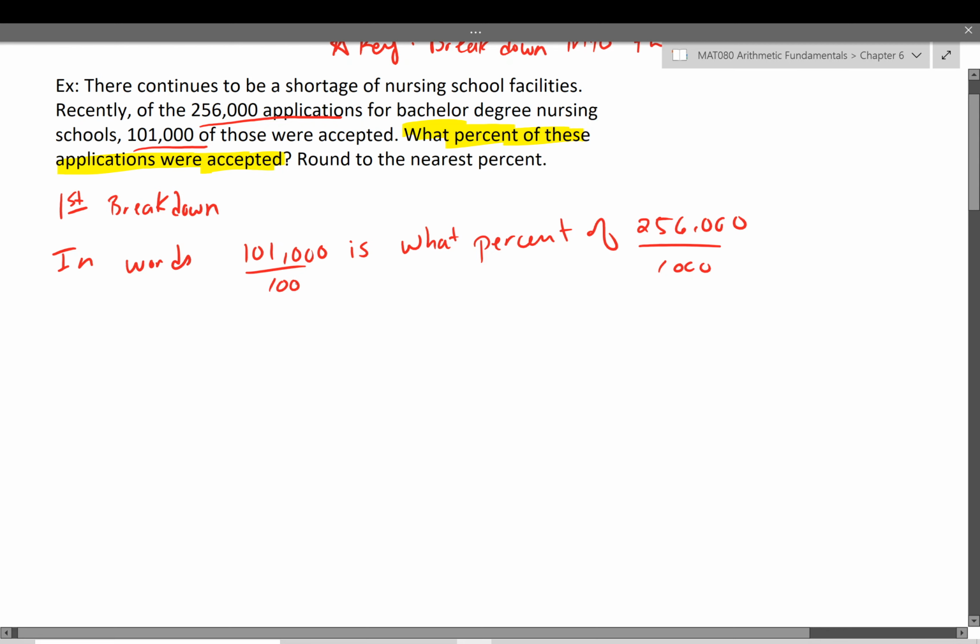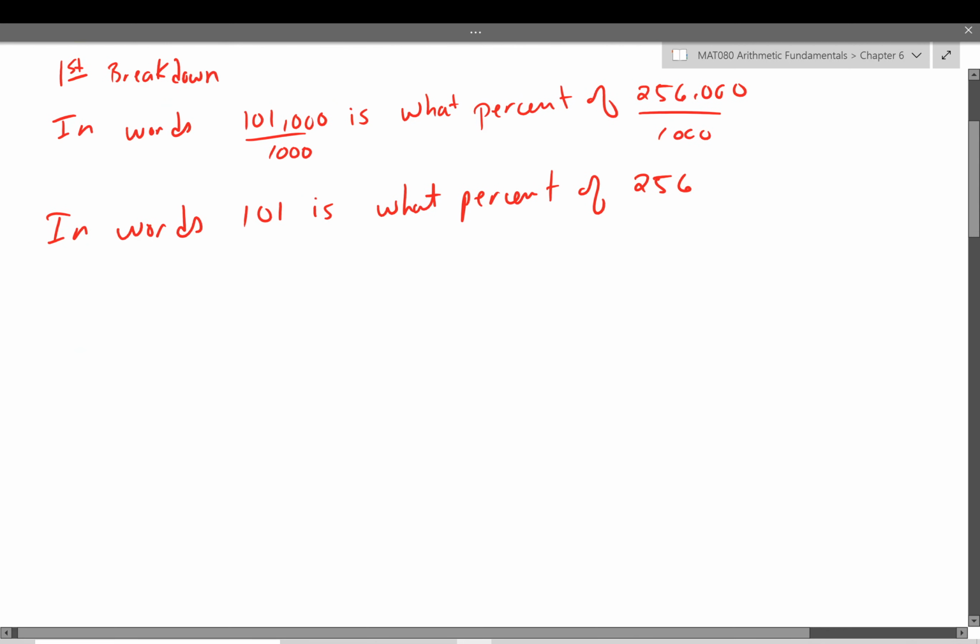And the reason why I'm going to do that, you'll see in a second, is to just work with the whole first part. So, in words, 101 is what percent of 256.